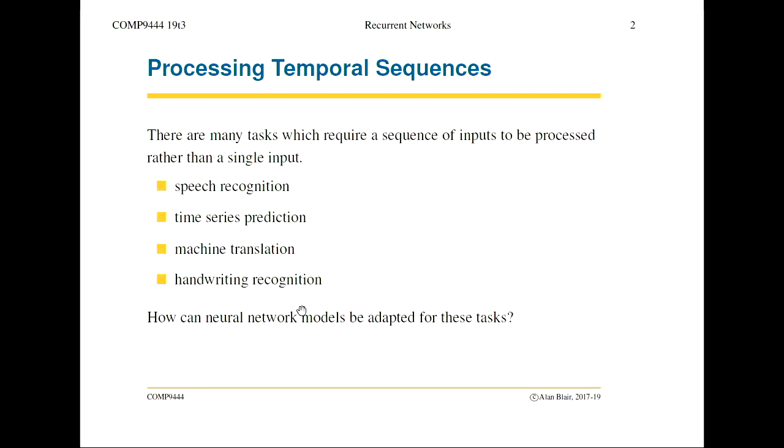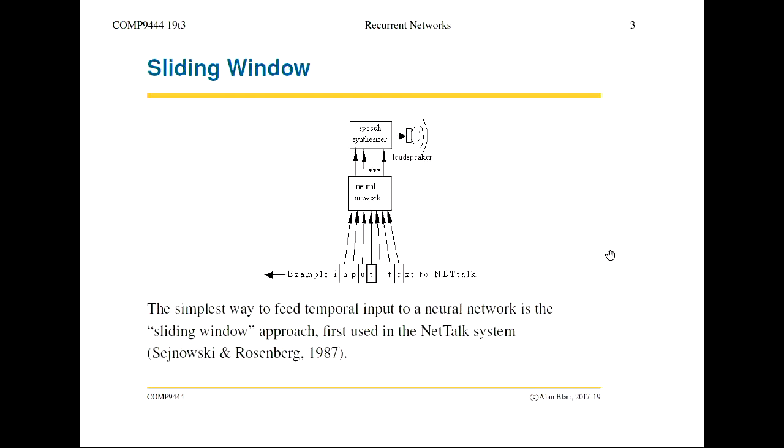So how can we design a neural network specifically for these kinds of tasks? Some of the earliest work using neural networks in this area was the NetTalk system built by Terry Sejnowski and Rosenberg in 1987. This was a system which would read in English text and then try to pronounce that text.